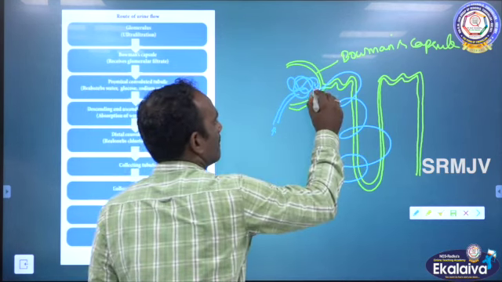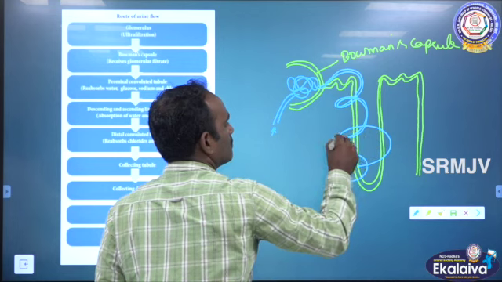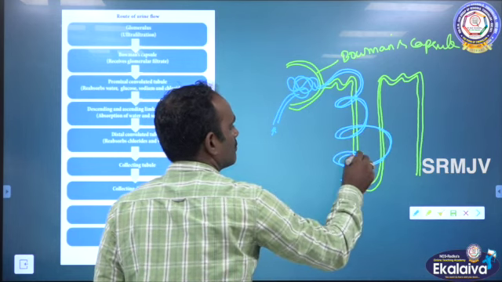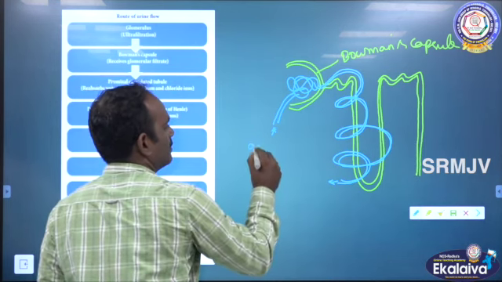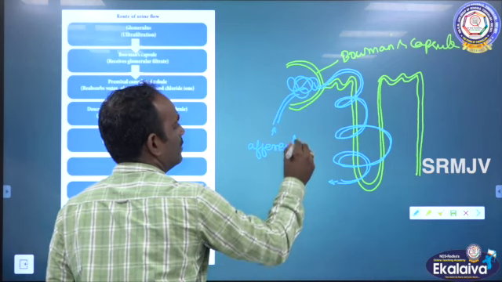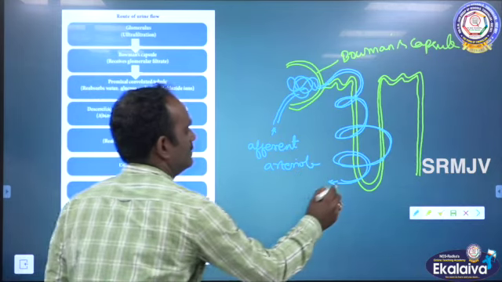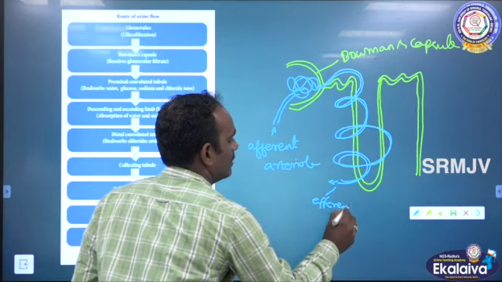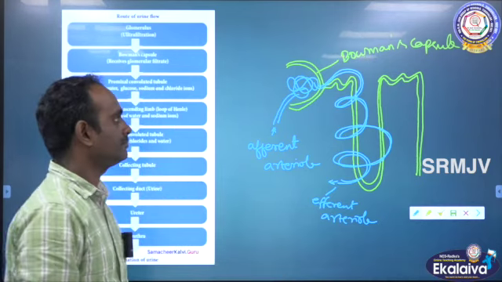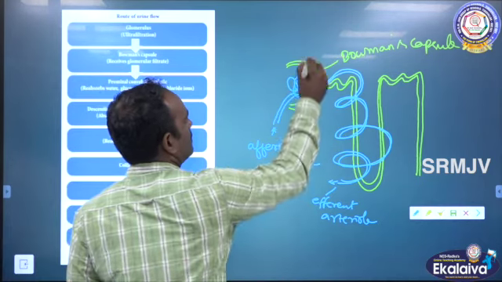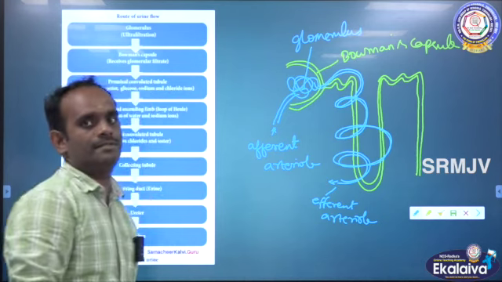See, this is afferent arteriole, and this is efferent arteriole, and this part is said to be glomerulus.